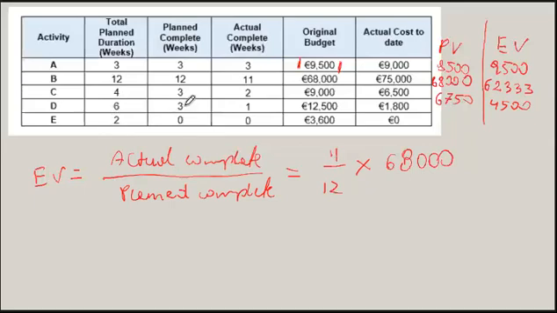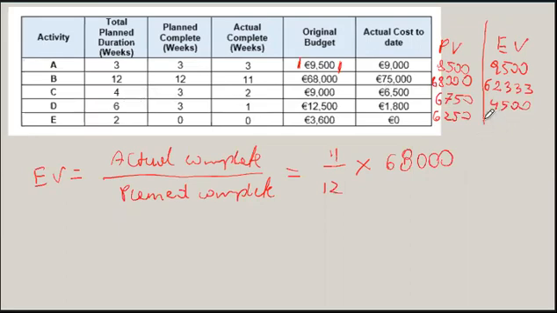3 planned to complete, but we only completed 1. So we planned to complete half of the work by the end of that week. Half of 12,500 is 6,250, but we only completed 1 out of those 6 weeks.